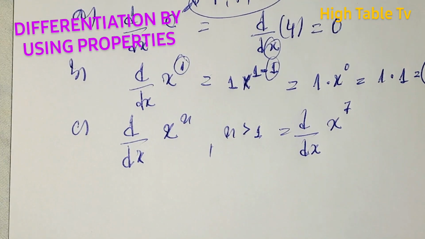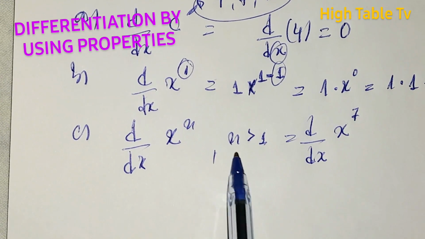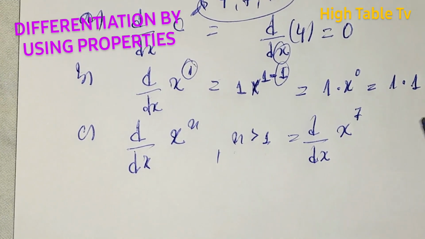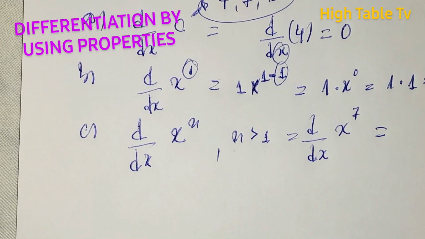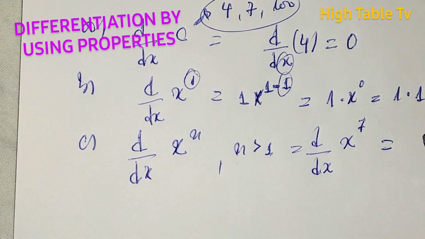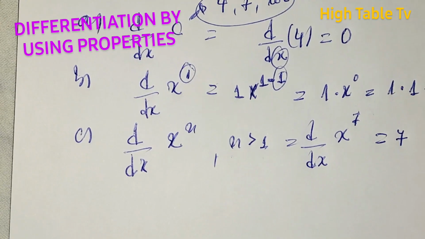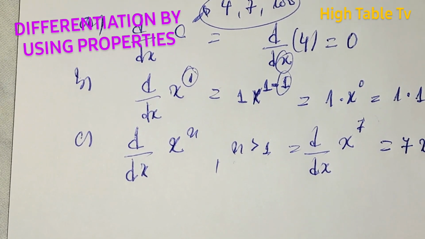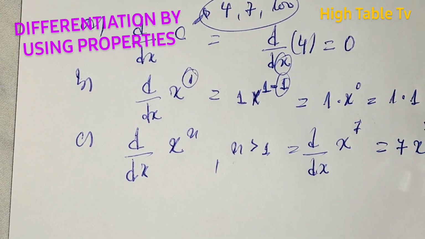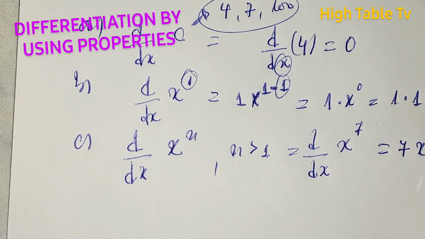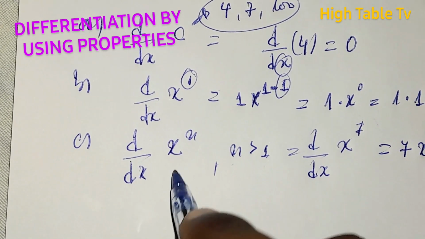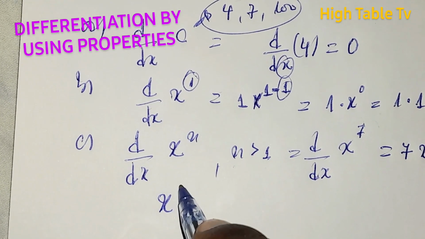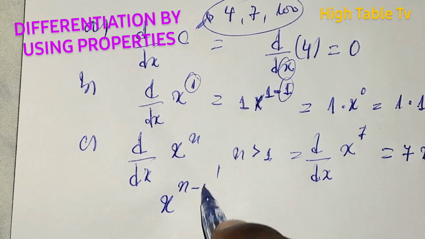Here our 7 is considered as n, and 7 is greater than 1, of course. What you have to do is take that power 7 and multiply it as a coefficient, and then take x power 7, where the power is reduced by 1. So for this function, you take x power n - 1.